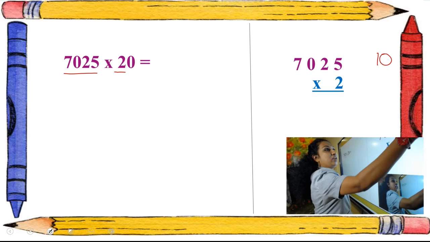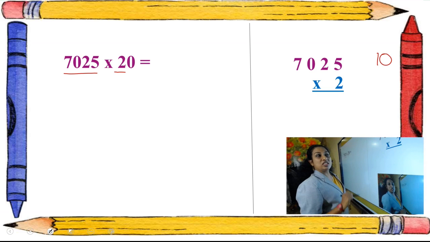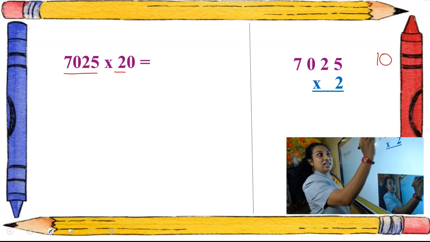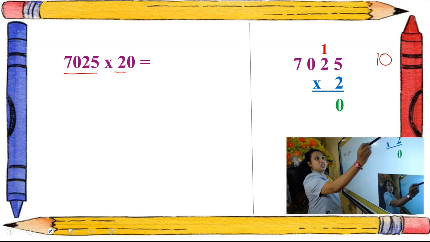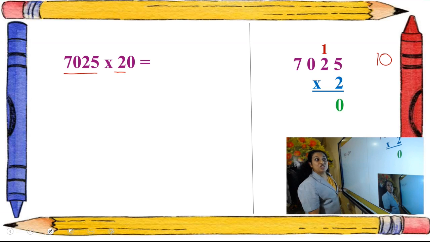In this 10, which number you will write down? 0 down and 1 in tens place. So 0 in ones place and 1 in tens place. Now, what is the next step? Multiply 2 into 2. What is 2 into 2? It is 4. 4 and you have to add this carryover. 4 plus 1. It is 5.